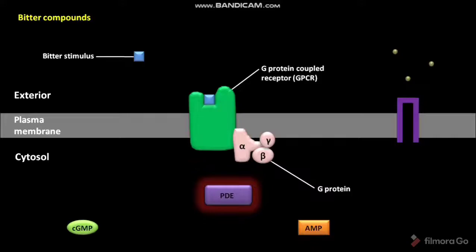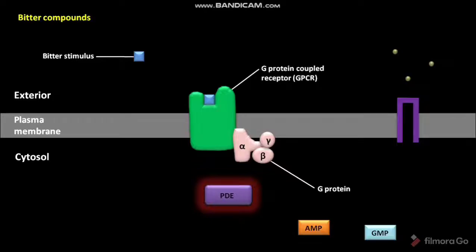Like this, the cytosolic cGMP or cyclic guanosine monophosphate binds to the active PDE. In a PDE catalyzed biochemical reaction, the bound cGMP is converted into GMP. The GMP is then released into the cytosol. Due to such biochemical reactions, the cytosolic cAMP concentration decreases.